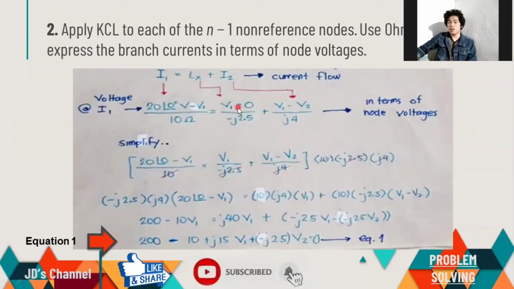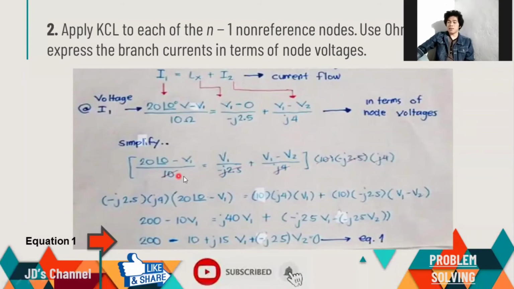And our Ix, as we can see in the circuit, is V minus zero potential, which is the ground, over the impedance negative j2.5. We also check our I2 in the circuit earlier, and express it using Ohm's law in node voltages.